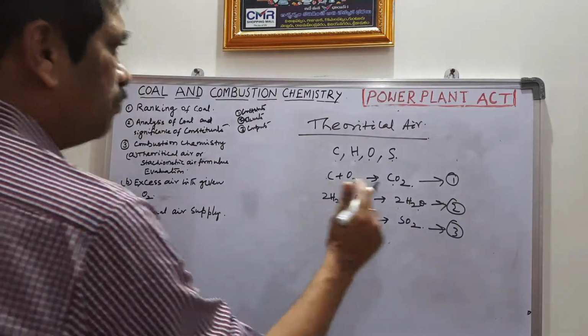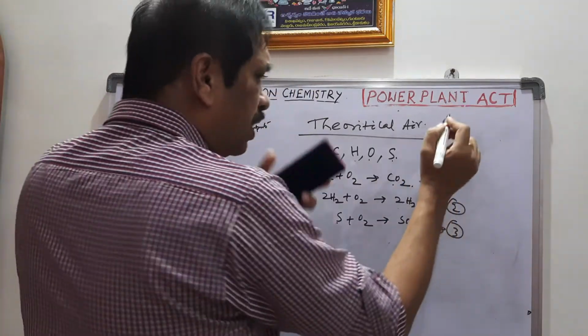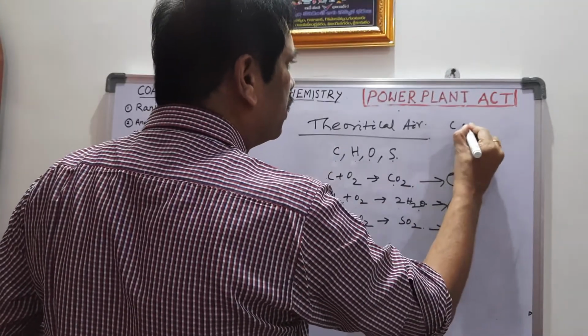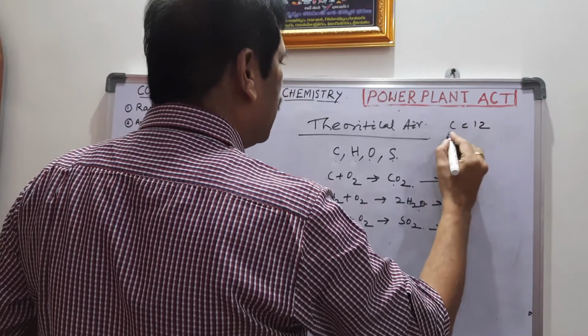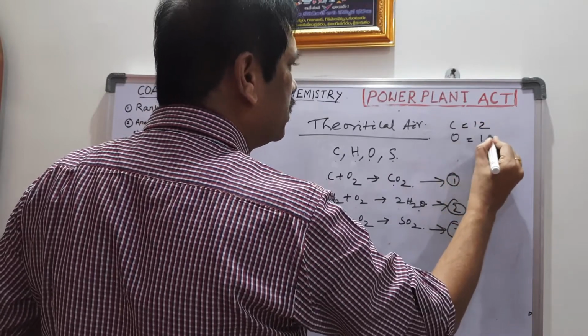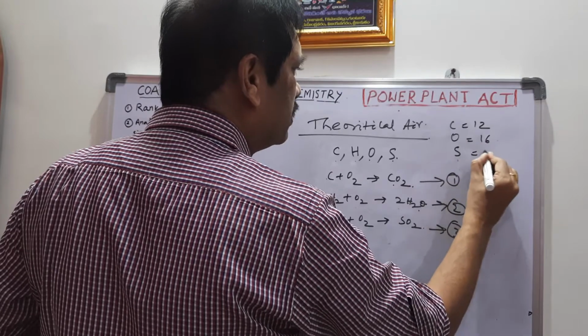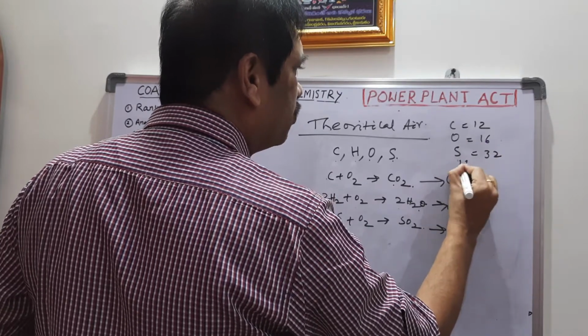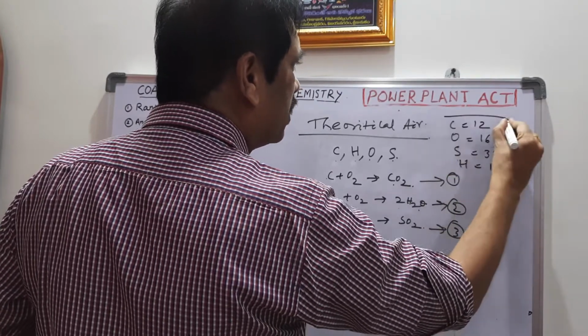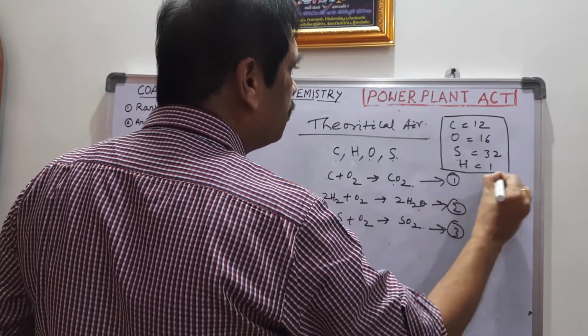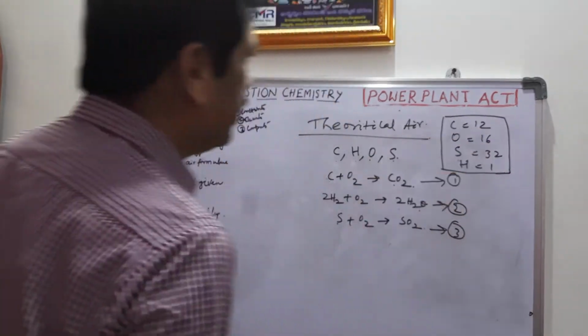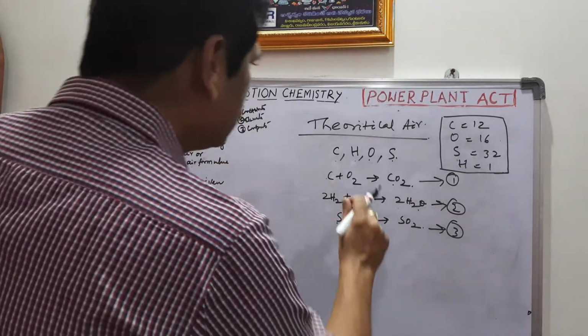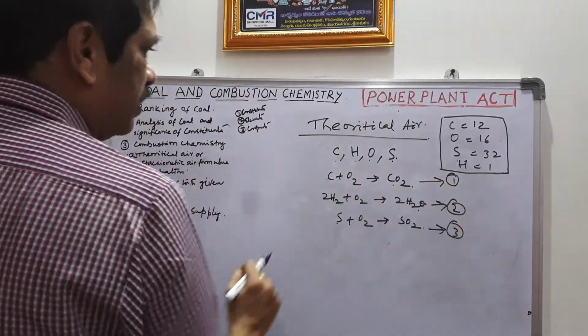Okay. So we know that the molecular weight of carbon is 12, oxygen is 16, sulfur is 32 and hydrogen is 1. These are the molecular weights of the elements. Let us find number 1.